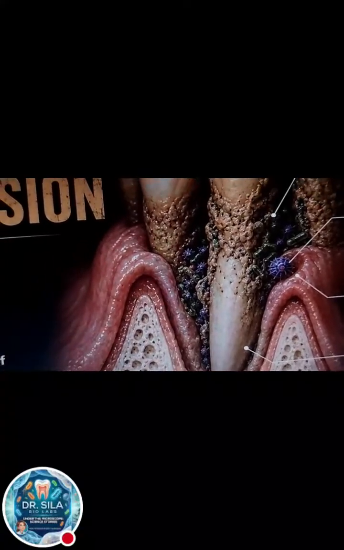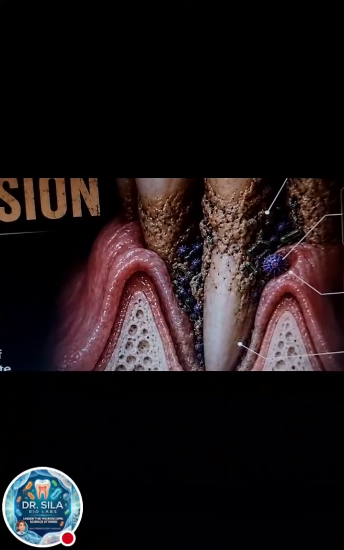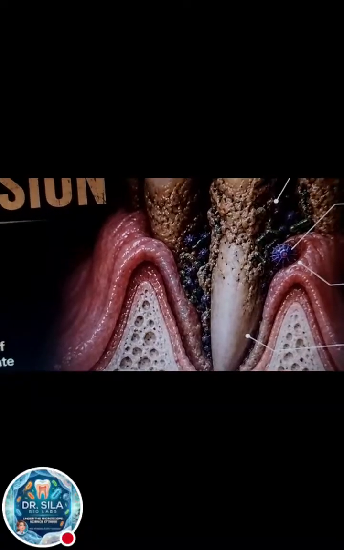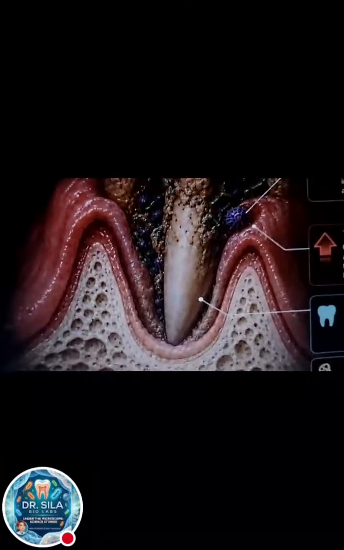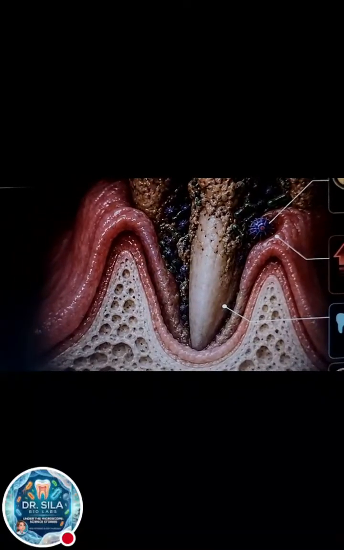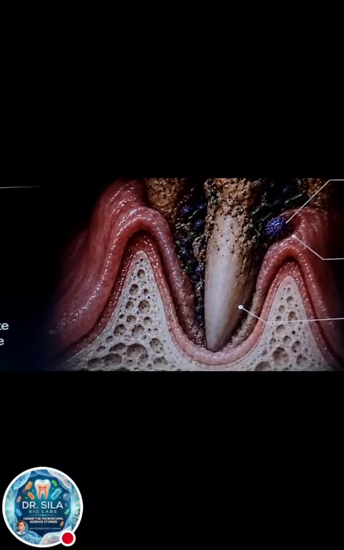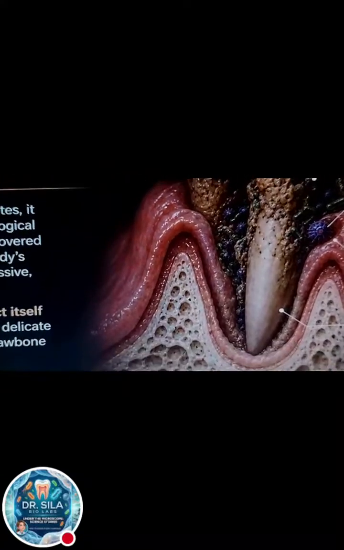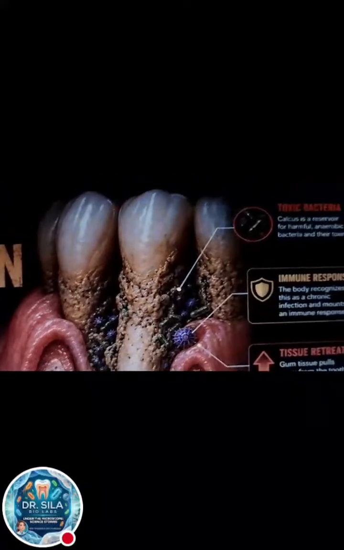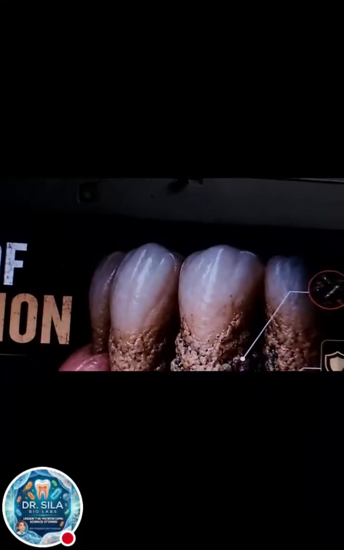This localized retreat is what we clinically call gum recession, leaving the sensitive root surface of your tooth exposed. Gum recession is not just a cosmetic issue. It is a clear sign of chronic infection and the beginning of irreversible damage.